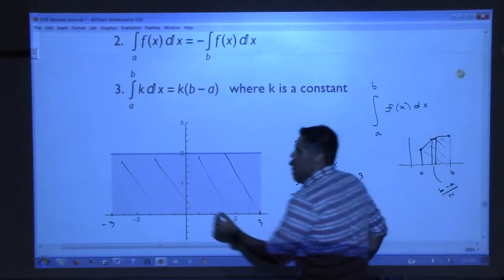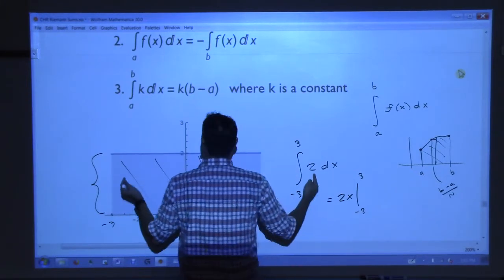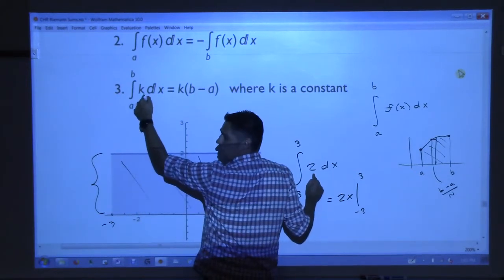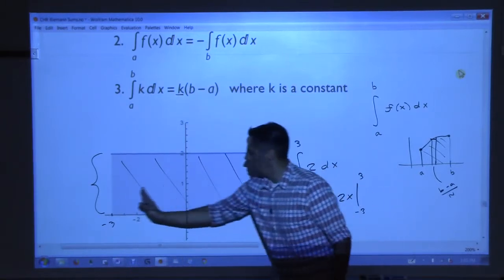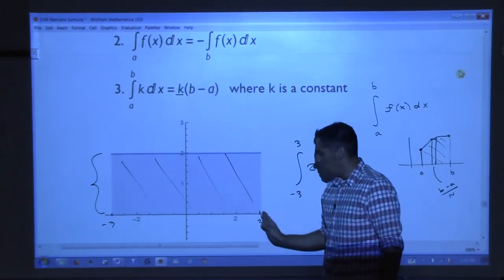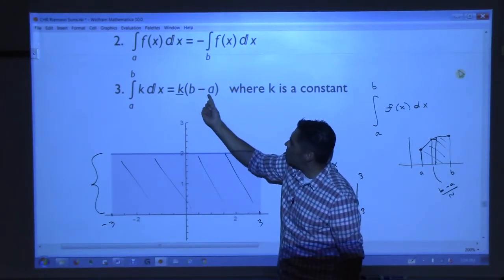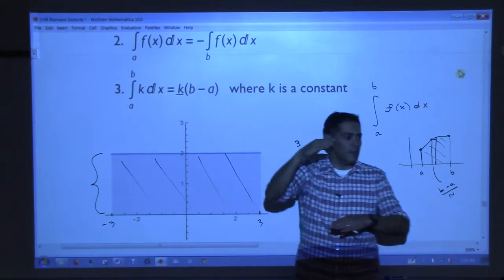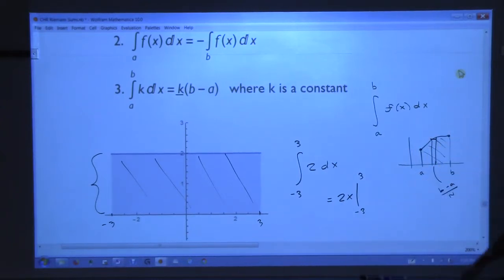And the height of the rectangle is what? How tall is this? In this case it's 2, but in this case it would be k, wouldn't it? So that's your k, and then how long is your interval? It's b minus a, right? That's how long that is. So if you just multiply the length of the interval times the height of the constant function, you get the same answer. All right, just properties.